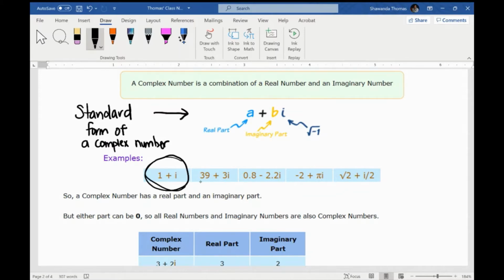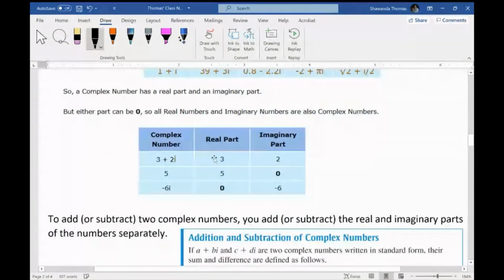If I ask you, what is the imaginary part? Trick. It's 1i. Yes, it's a 1. Consider there to be a 1 in front of that i. All right, good. So here are some more examples in this little chart.